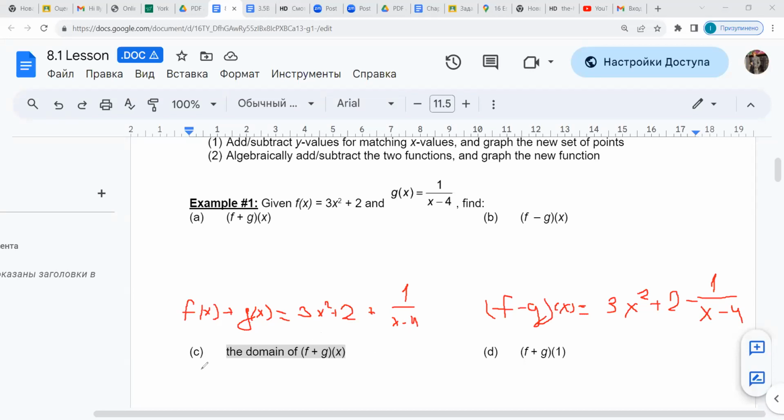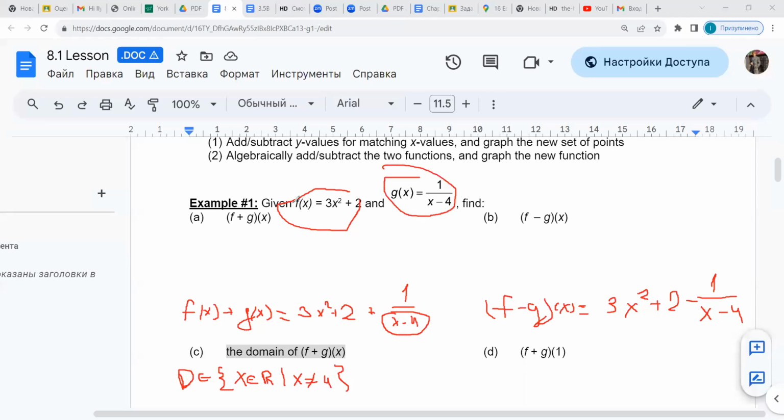So in this scenario, I can tell that the domain is as follows: x belongs to all rational numbers, but at the same time x does not equal 4, because if x equals 4, the denominator in this part of my function is going to be equal to 0, and that's what I don't want to see.